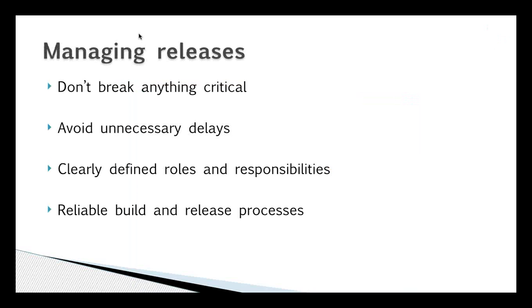So just talking a little bit more about releases, obviously every time you make a release, you hope that you don't break anything critical. I think it's fairly expected that there will be some problems in production, but hopefully nothing unexpected. And you want to try and avoid having any unnecessary delays. Usually these come in because somebody isn't aware that they have a role to play in making the release, or something unexpected comes up.